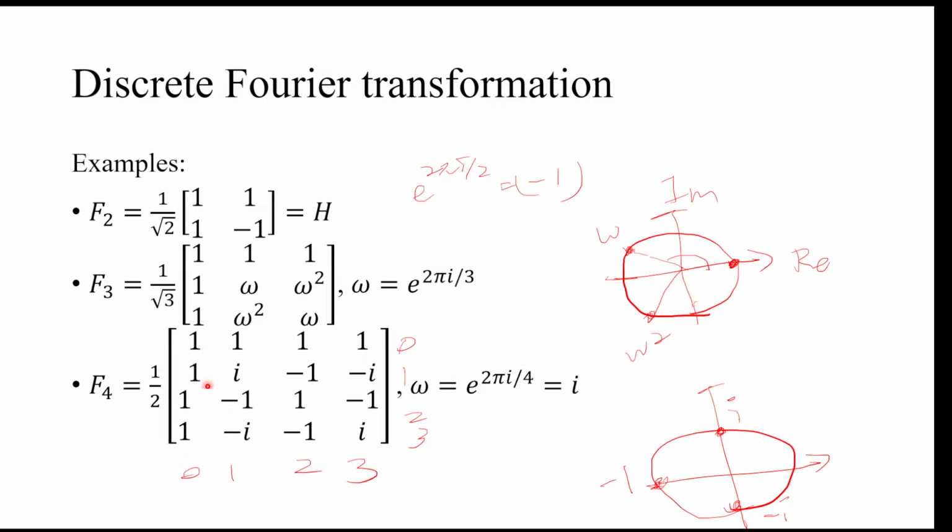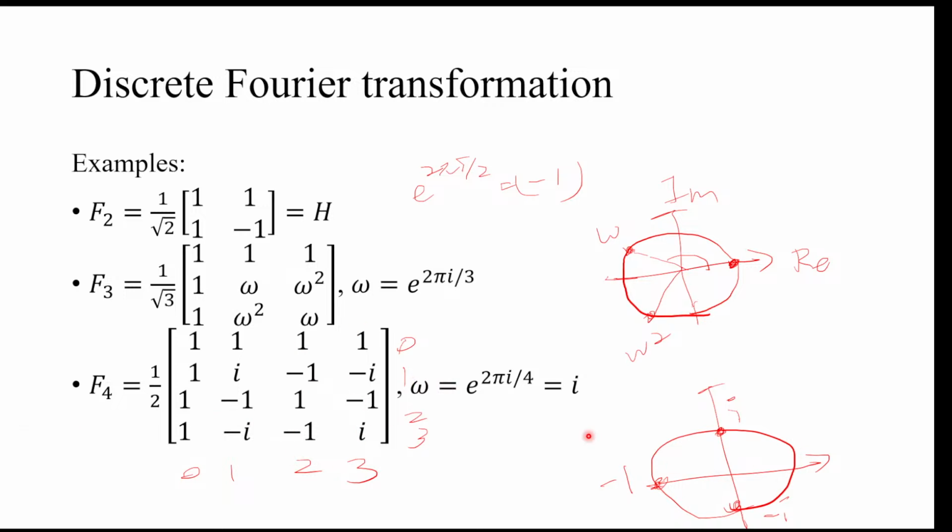So for different k, you are just summing over different columns or different rows here. Okay, and you see that the first column is a whole bunch of 1s, it becomes just 4. But you sum over this column, this 4 point, it becomes 0. And you sum over this column, 1, minus 1, 1, minus 1, it becomes 0.